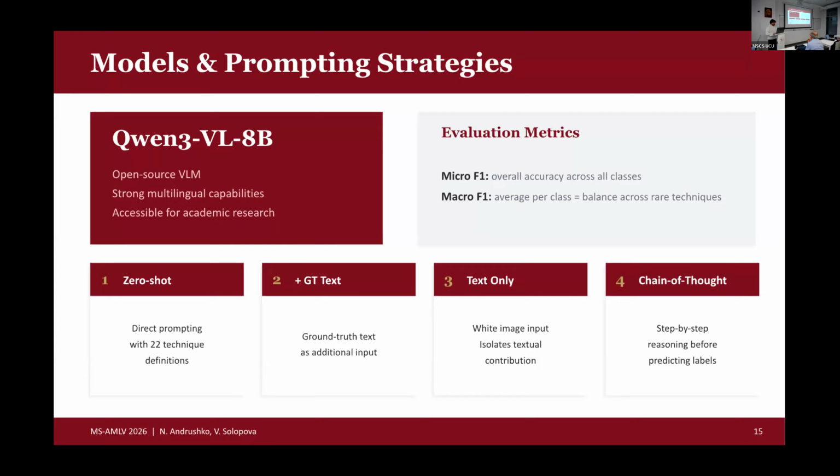Third one is when we use no image, basically just text. And the last one is to allow the model to interpret the meme for a little bit longer, a common technique to evaluate the performance.